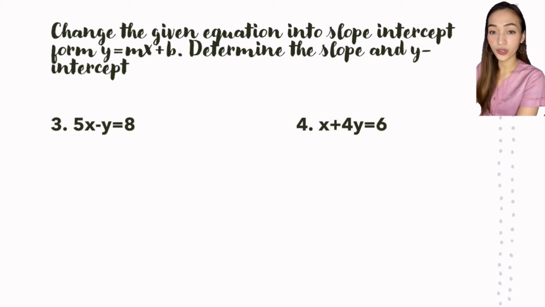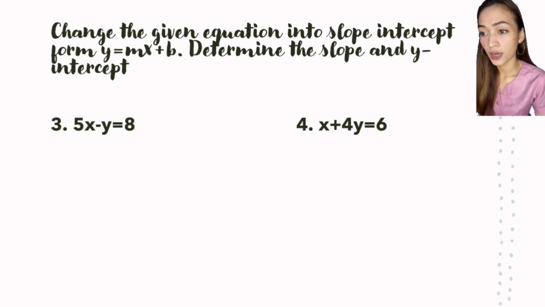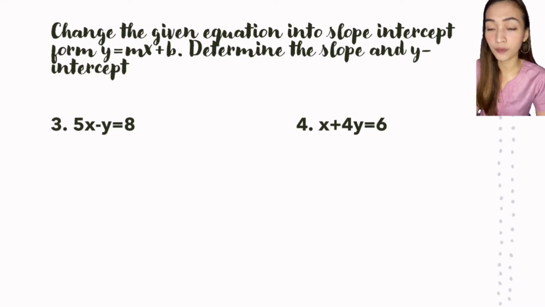We have here number 3. So 5x minus y equals to 8. So again, to change this equation into slope-intercept form, y equals mx plus b, what we're going to do is just add the opposite sign of our x. Okay, so our x is positive 5x.